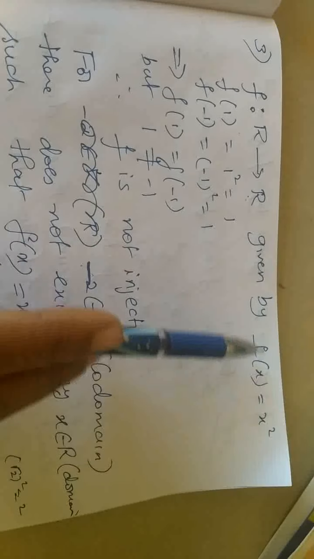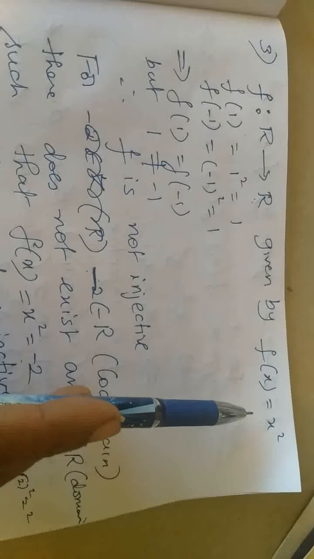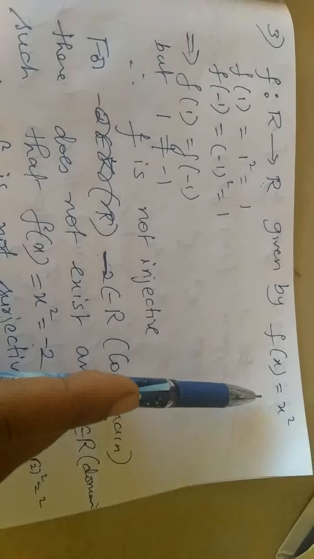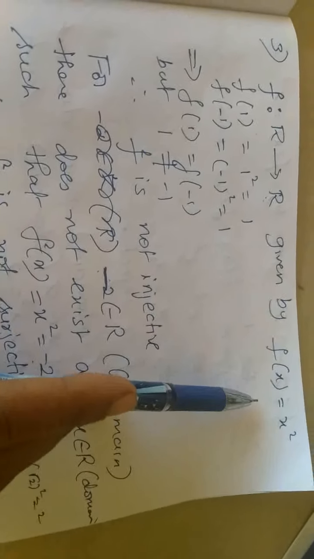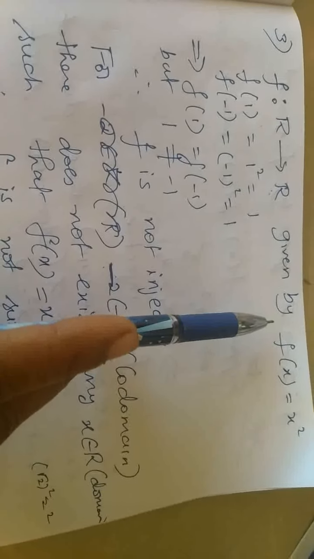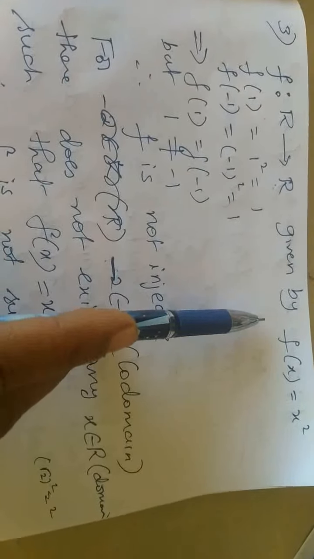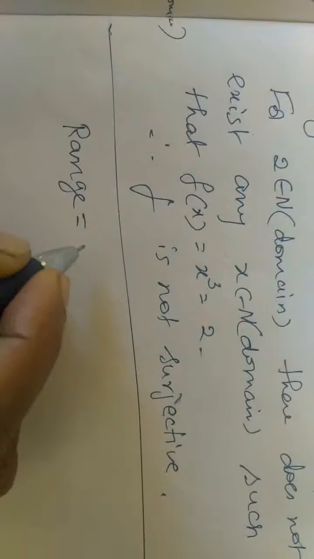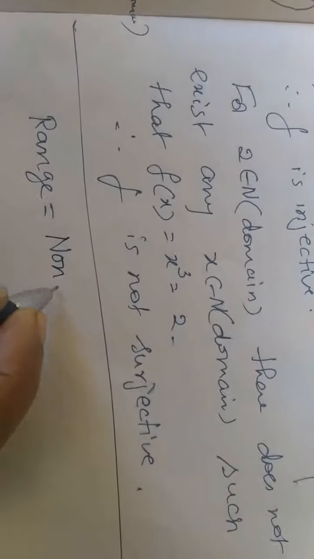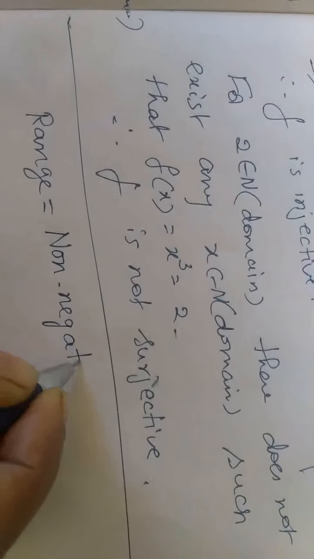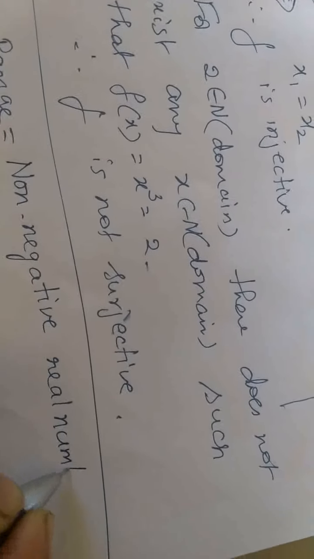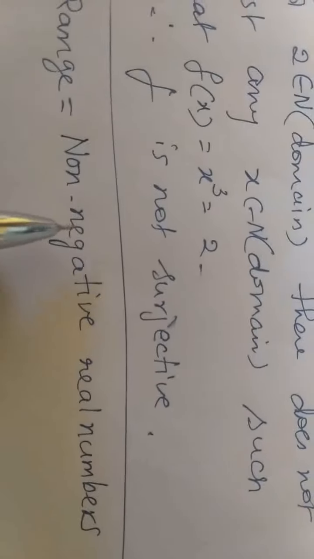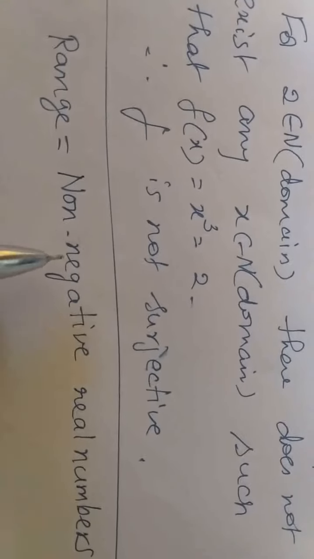If you square any real number, positive or negative, ultimately you will get positive real numbers, and the square of 0 is 0. Means your range does not include negative real numbers. Negative real numbers do not come in the range. Means range is equal to non-negative real numbers, which means positive real numbers including 0.